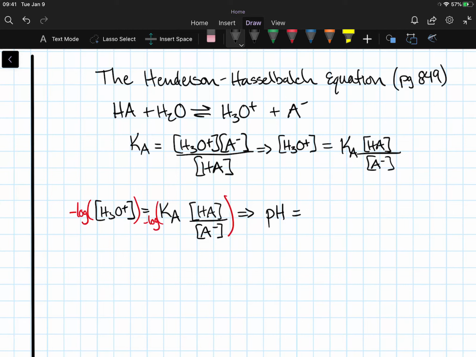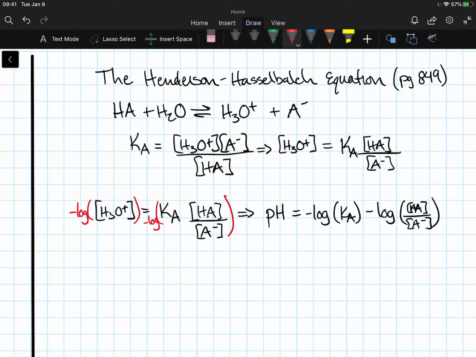With our log rules, whenever we have a multiplication, that becomes an addition. And because it's a negative log, we're going to distribute that negative sign. So what we end up with is the negative log of Ka minus the log of HA over A minus.